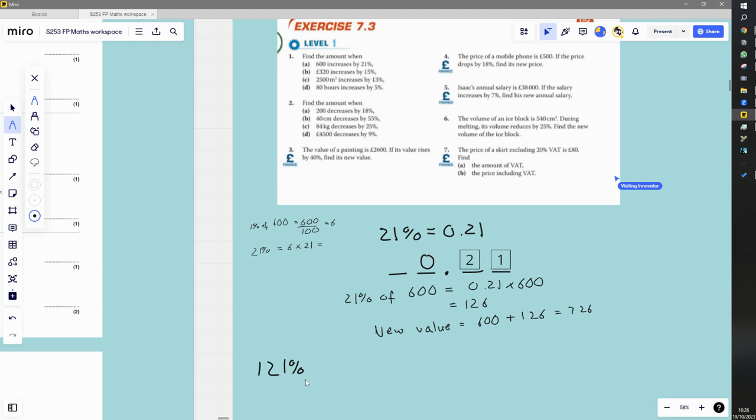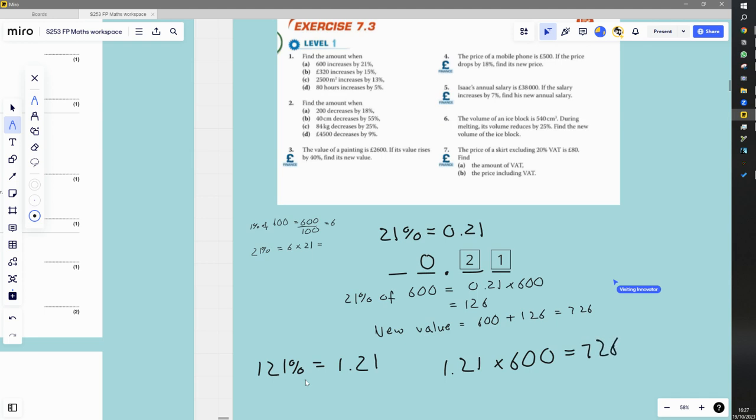So instead of thinking what is 21%, think what is 121%. And we do the same thing, we shift it 2 spaces, and that will give me 1.21. So now, when I increase it by 21%, I'm just going to do 1.21 times 600. And if you put that in your calculator, you still get 726. So that is the quickest way.